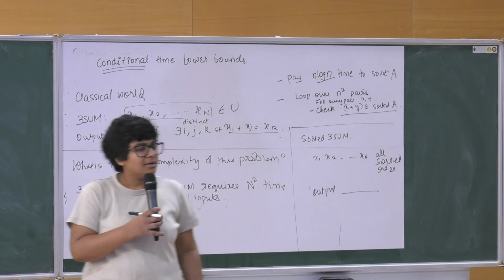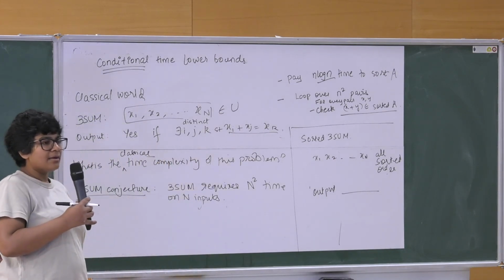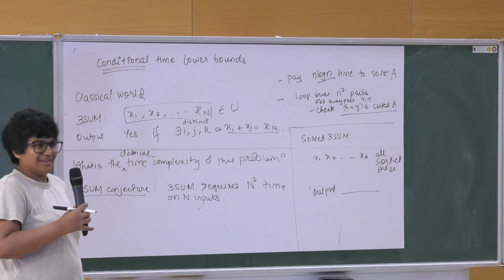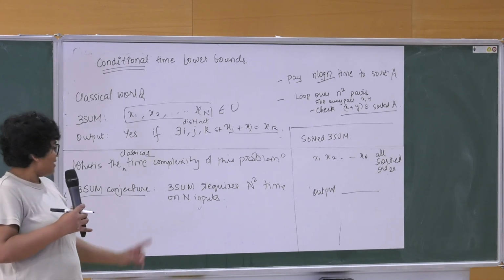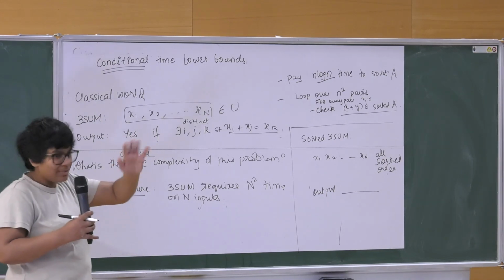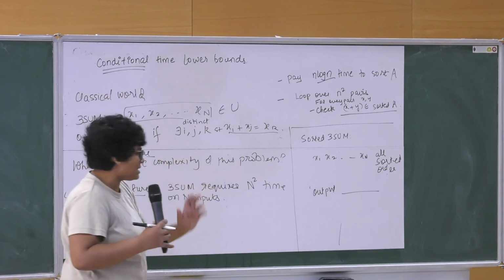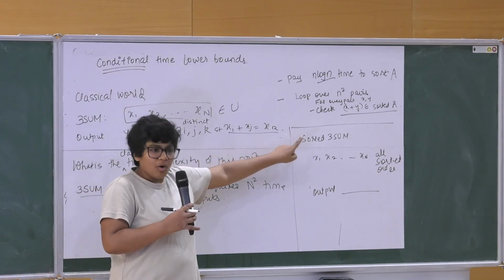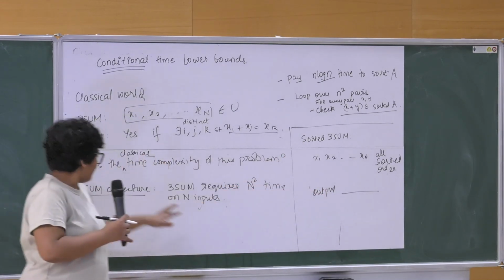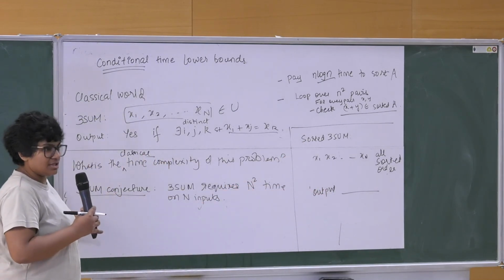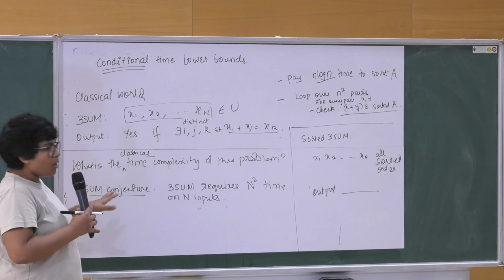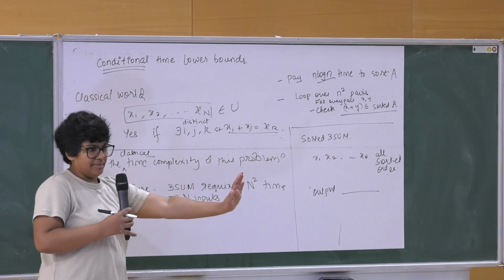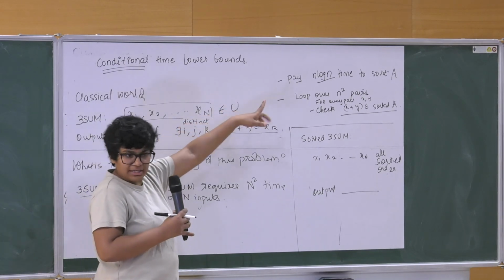Yeah? So if we have n squared, but sorting takes n log n, of course we can say n log n is basically nothing, so it shouldn't change. Exactly. His argument is completely correct, and this is exactly what I want to say. Sorted threesome also requires n square time if the threesome conjecture is true, because you can always take the input of threesome classically, with n elements, sort it, and pay n log n extra time.